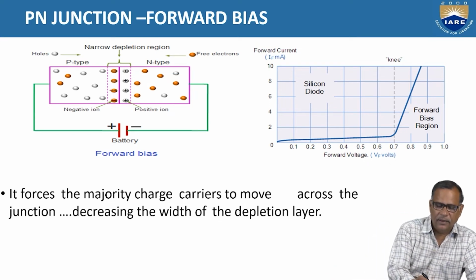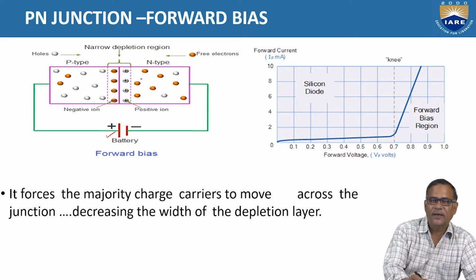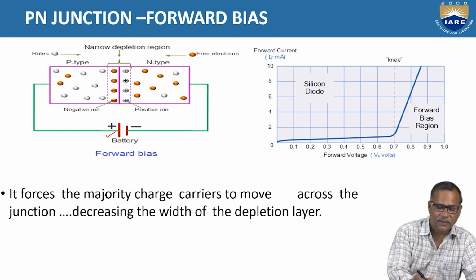The negative ions on the P side get attracted towards the positive terminal of the battery, and the positive ions on the N side get attracted towards the negative terminal of the battery. So these are negative ions, and these are the positive ions.